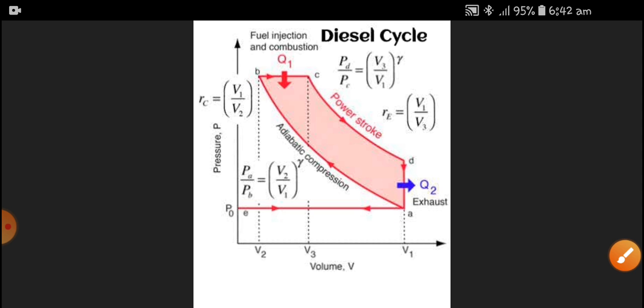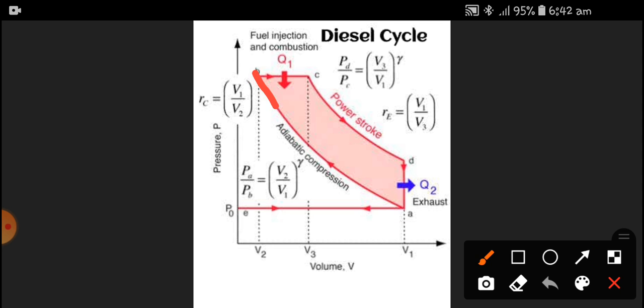So here you can notice this, the compression process is more than the expansion process. Here we have two things: compression ratio and cutoff ratio come into the picture in diesel engines.